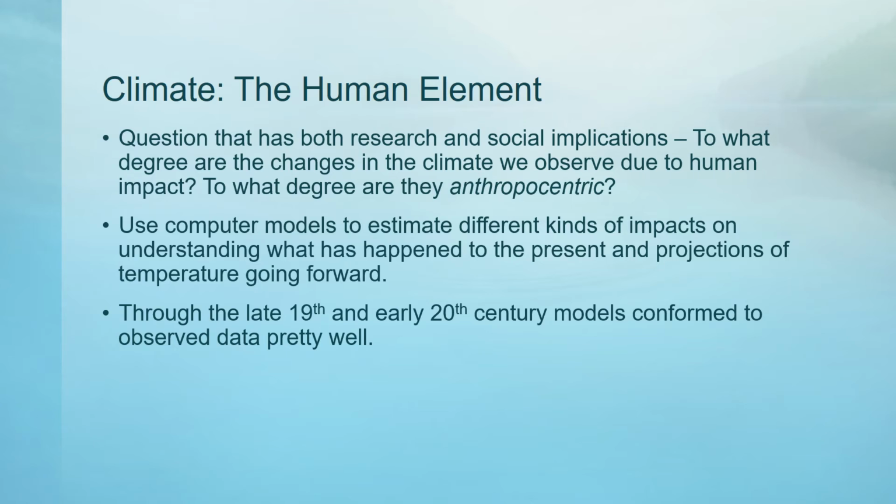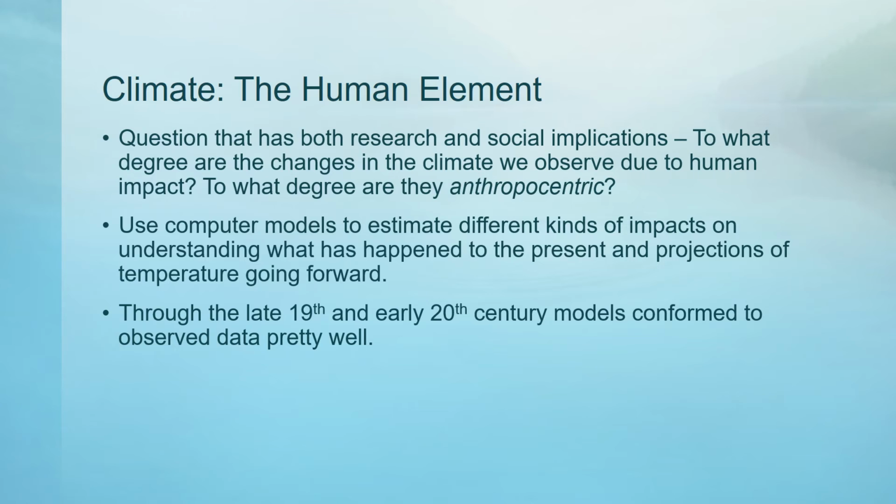Now through the late 19th and early 20th century, the models conform to the observed data pretty well. We have a web link there that talks about different models as well that I recommend you take a look at to get a sense of what this is.